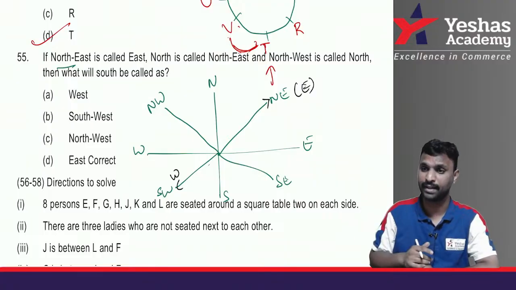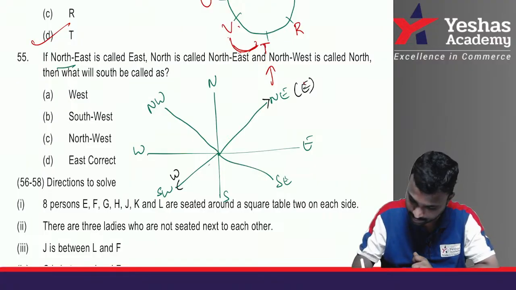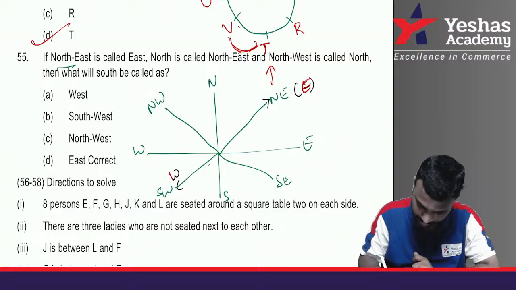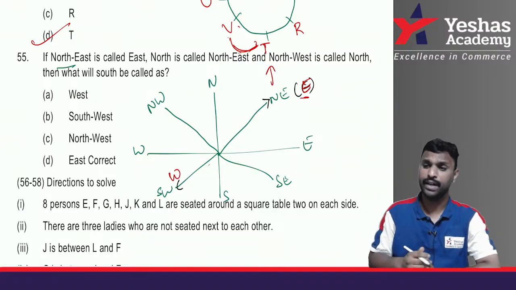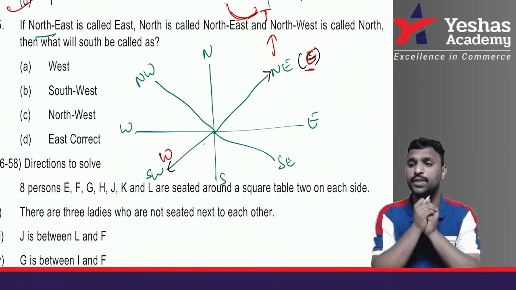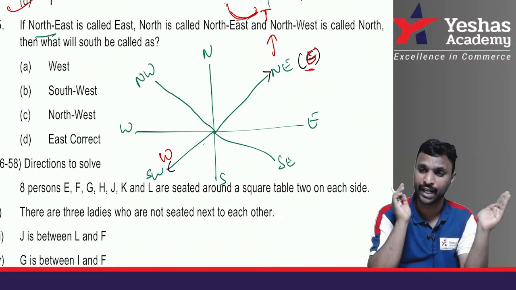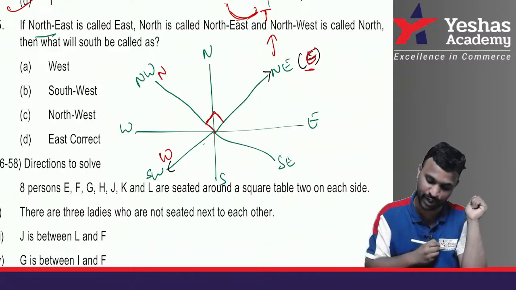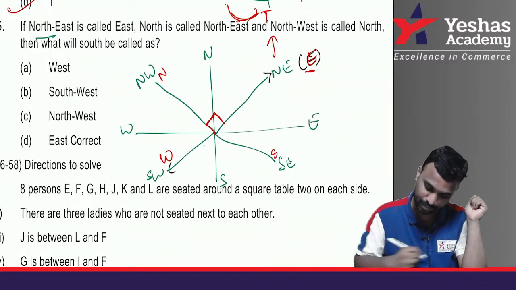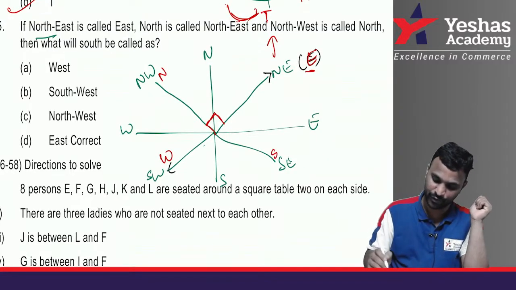So whatever I am marking in black, let me mark it in red so that it is clearly differentiated. Okay, so east is this. Definitely, what is north, guys? North is always 90-degree anti-clockwise from east, and 90-degree anti-clockwise from east is definitely this. So this will be the actual north. So this will be the south, right? So we got east, west, north, south.